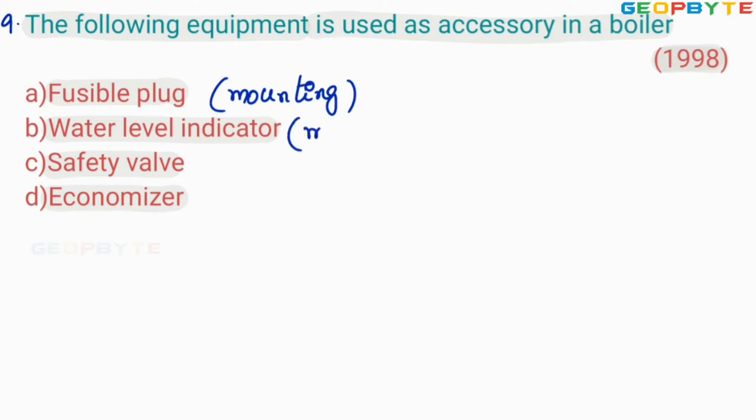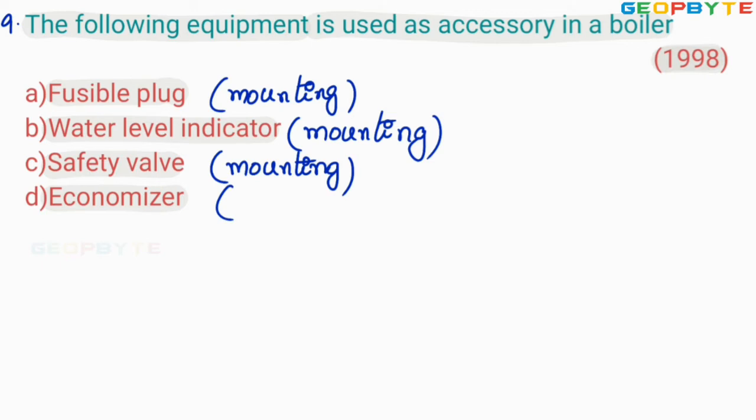Water level indicator is also a mounting. Safety valve is also a mounting. Whereas economizer comes under accessory. Since it is asked for boiler accessory, option D is absolutely correct. Let us take the 10th problem.